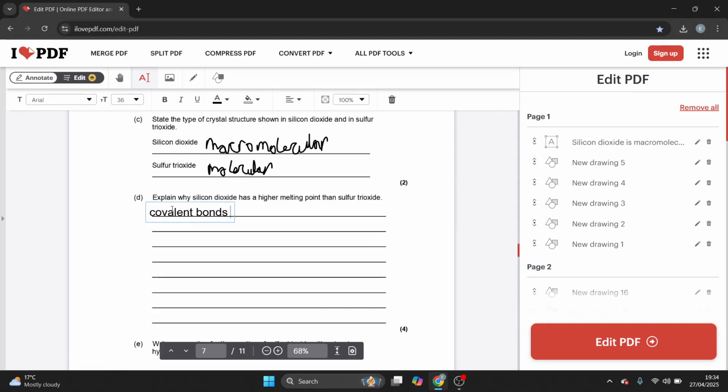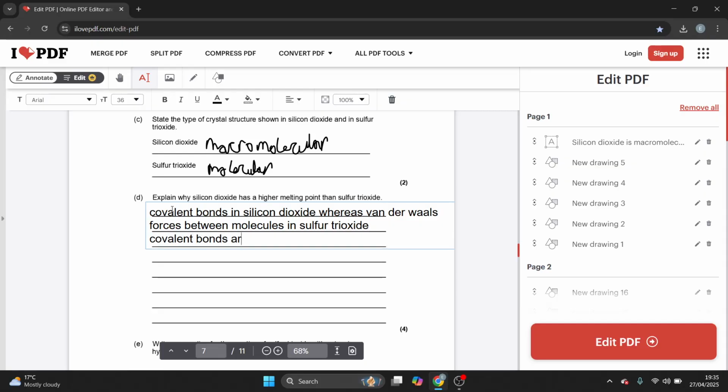Covalent bonds in silicon dioxide, whereas van der Waals forces between molecules in sulfur trioxide.